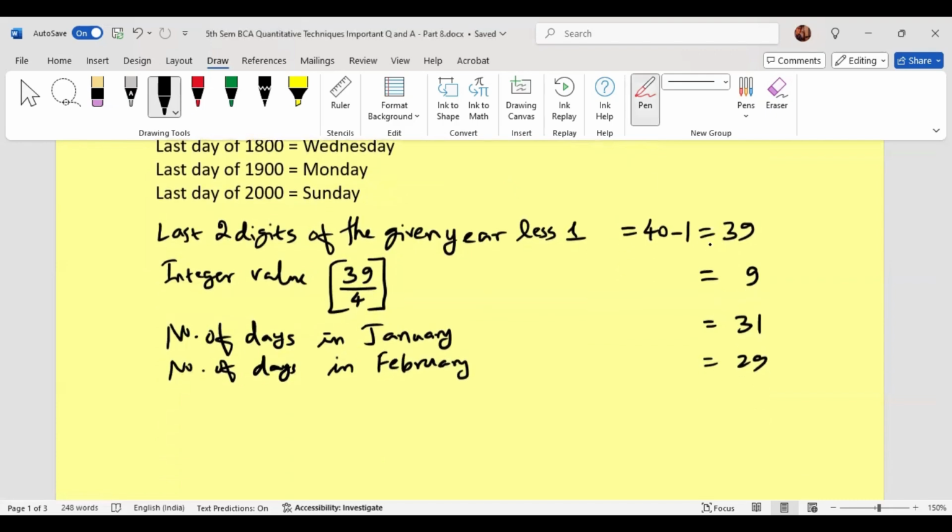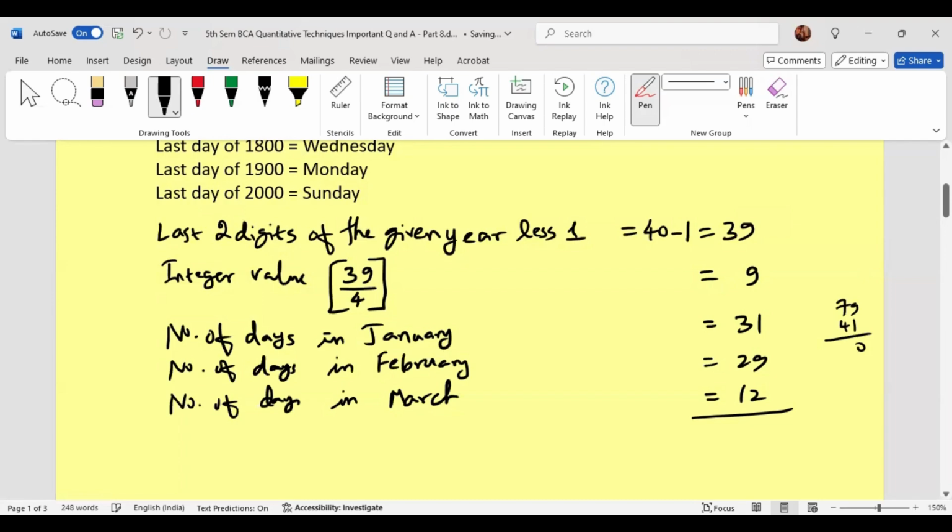So the number of days in March is 12. Now we need to add these numbers, that is 39 plus 9, 48, 48 plus 31, 79, 79 plus 41. We get 120.